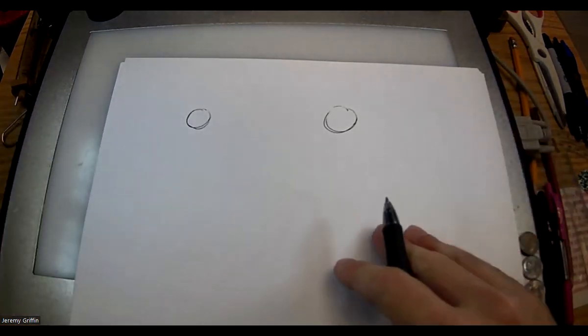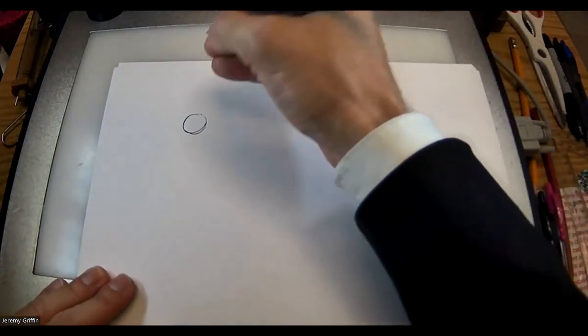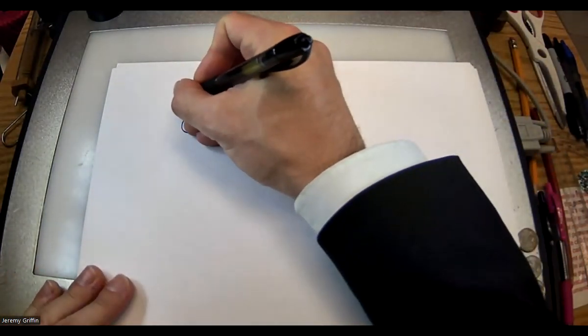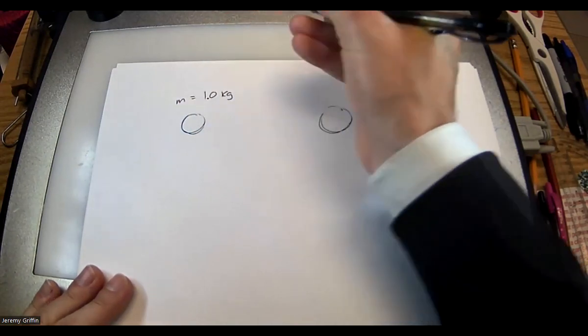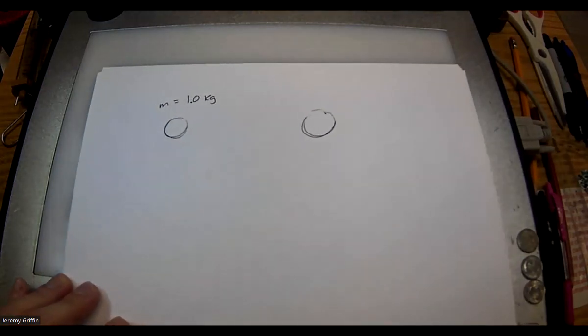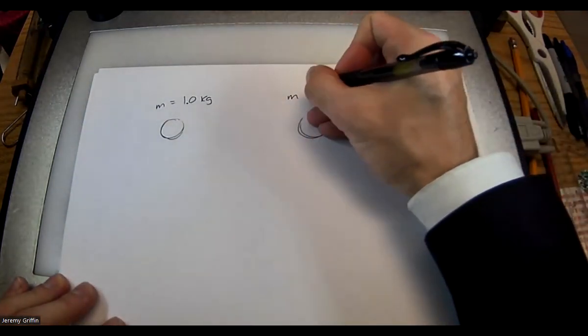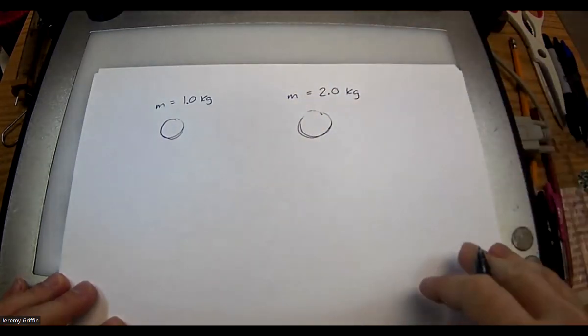Now on my paper, I have this guy, mass equals 1 kilogram. Now you guys have different paper than I do, but you can see this. And I have this guy, mass equals 2 kilograms. Again, you guys have different numbers than I do.